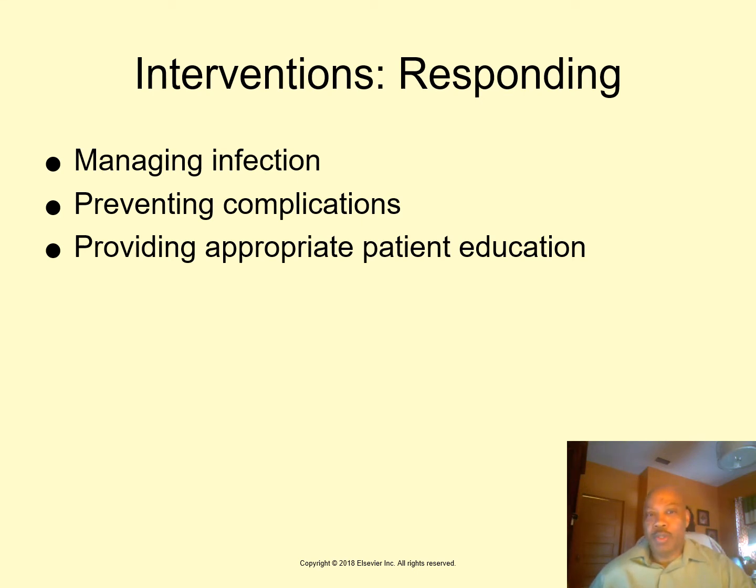We want to also observe for any signs and symptoms of uremia. Uremia is also a waste product that is typically removed by normally operating kidneys. But when the kidneys are impaired, the uremia increases in the blood.